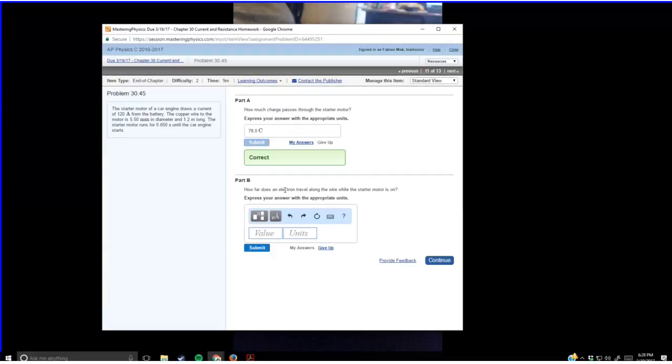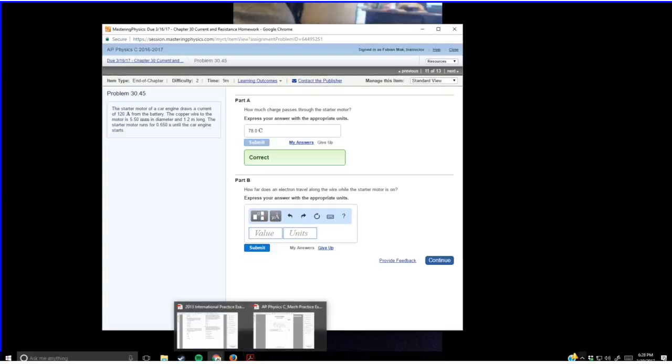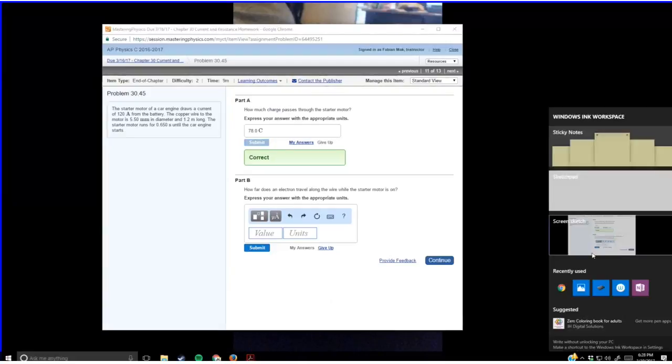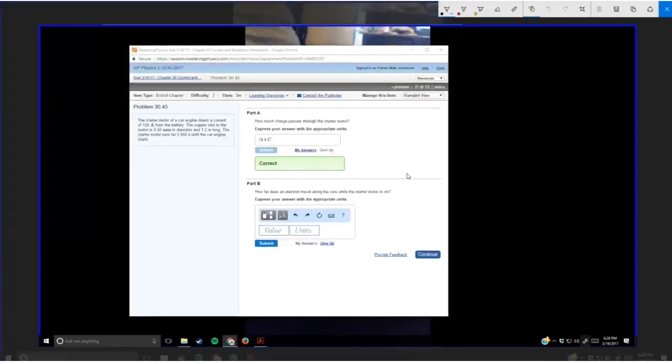So here you're going to have to look at, let's see. I think this is the one where you want to use, what was it called? So the number of electrons passing through should be the number density times the area times the drift velocity.